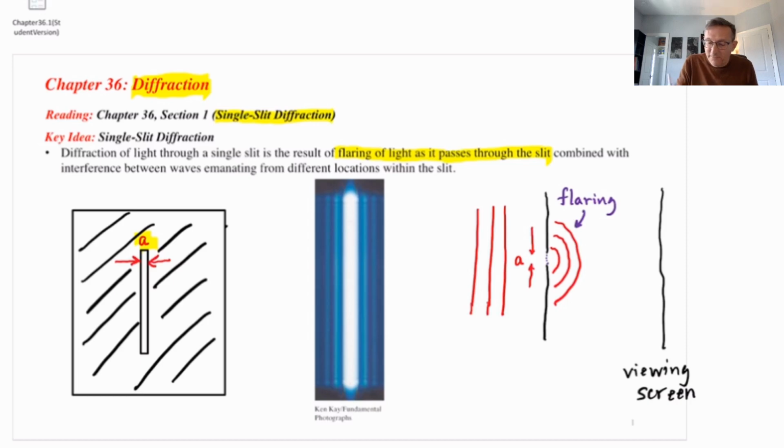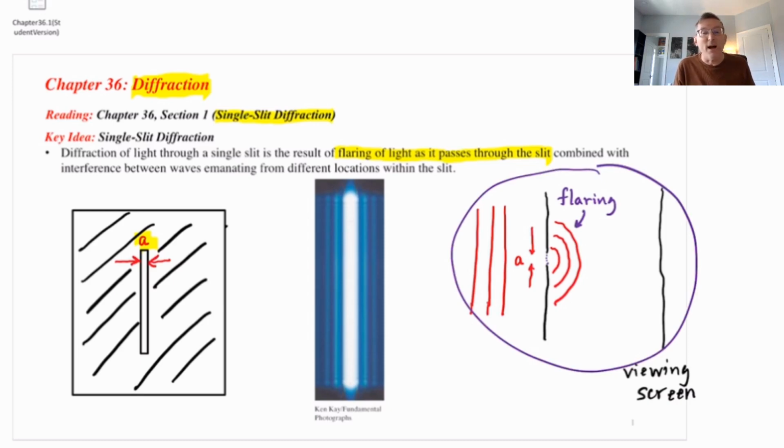That's a bit different, let me be clear, to the situation I drew here. In my side view, I drew the slit as being horizontal, and then the flaring was up and down. But if the slit is vertical, then the flaring is left and right. And then on the viewing screen across the way, the diffraction pattern will be left and right. And that's what this photograph is.